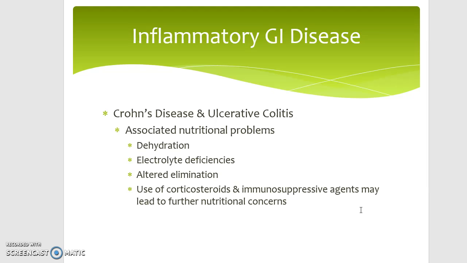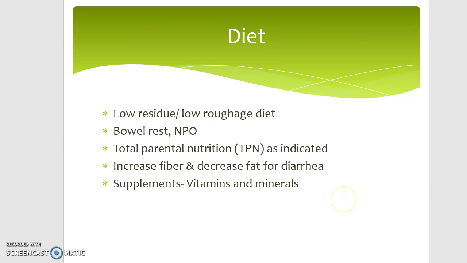Crohn's disease affects the small intestine, which results in diarrhea and even malnutrition because the small intestine absorbs some of those nutrients. And also, ulcerative colitis, or UC, affects the colon and the rectum, and it gets inflamed. UC affects the innermost lining of the large intestine.